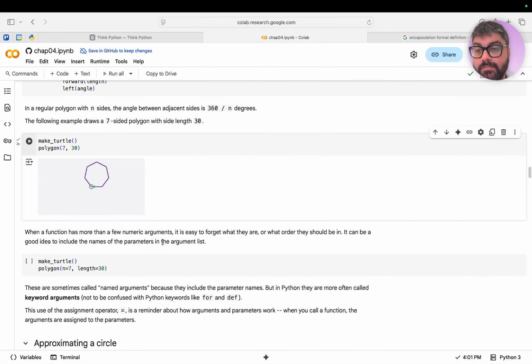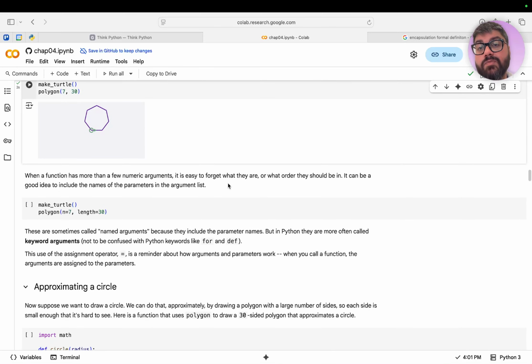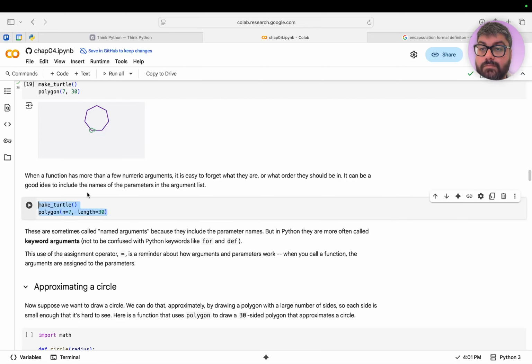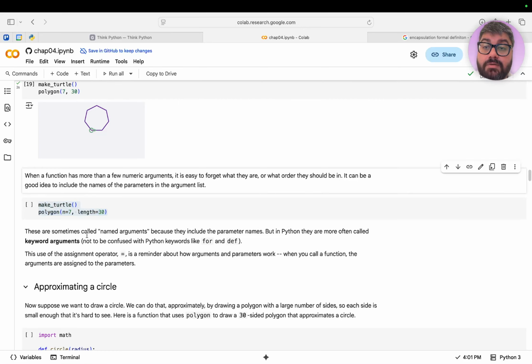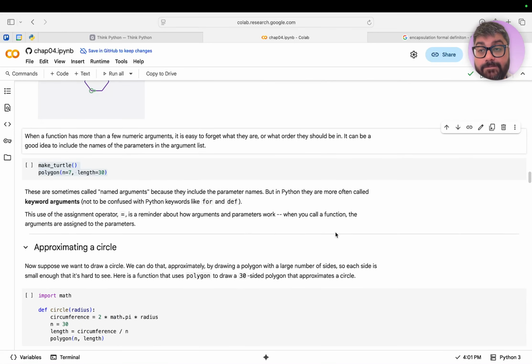Anyways, when a function has more than a few numeric arguments, it is easy to forget what they are or what order they should be in. It can be a good idea to include the names of the parameters in the argument list. These are sometimes called named arguments because they include parameter names, but in Python they're more often called keyword arguments, not to be confused with Python keywords like for and def.